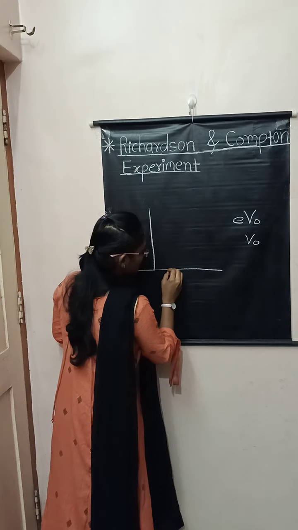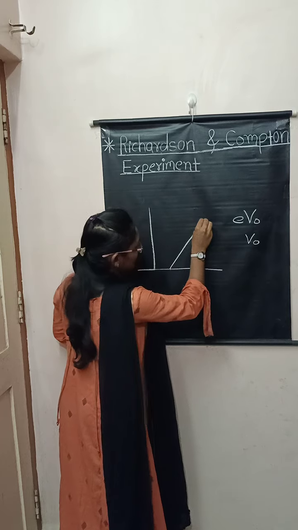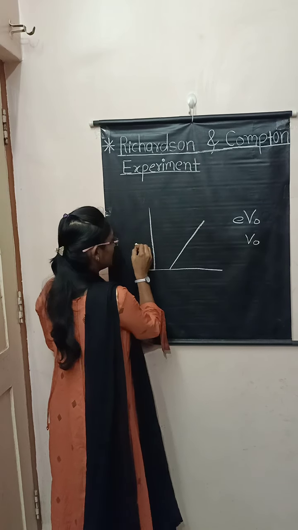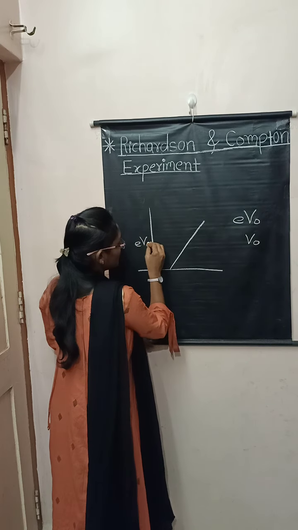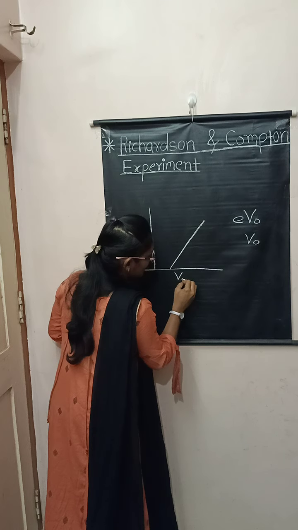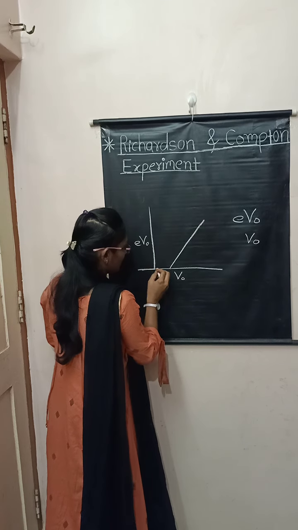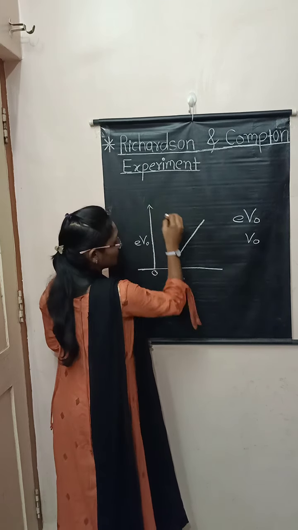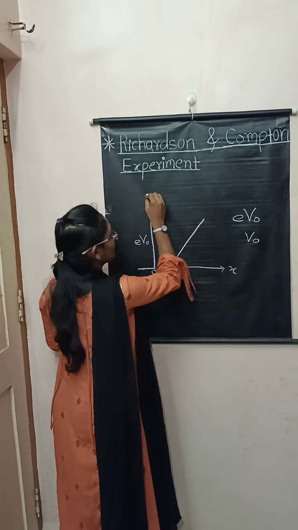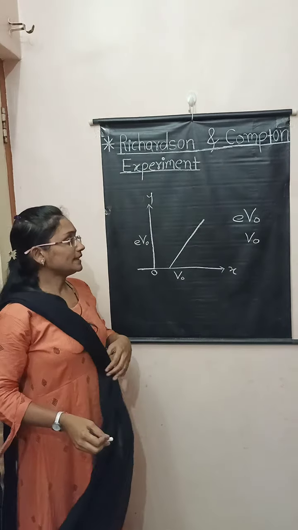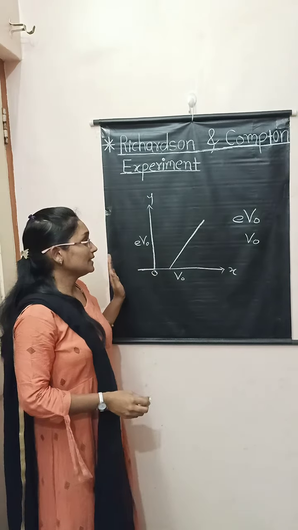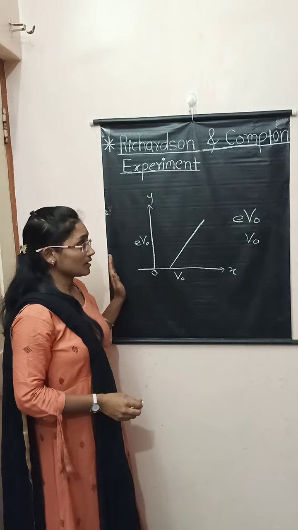In this linear relation graph, here is the energy of emission, and here we consider the frequency of light. So this graph is also called a linear relation or linear graph.